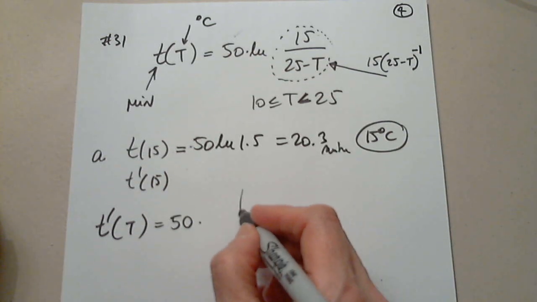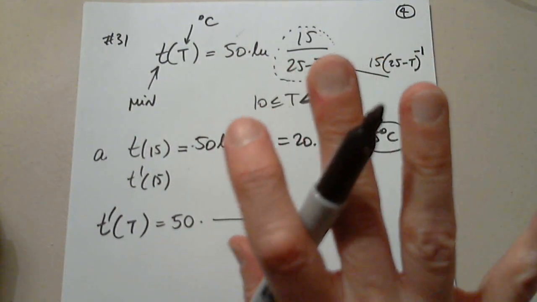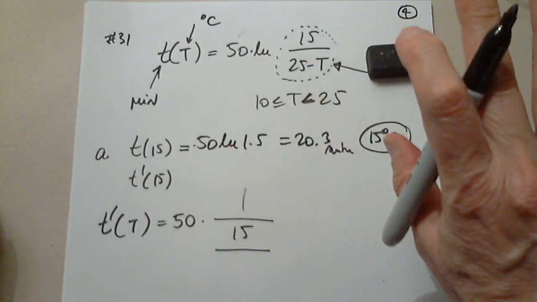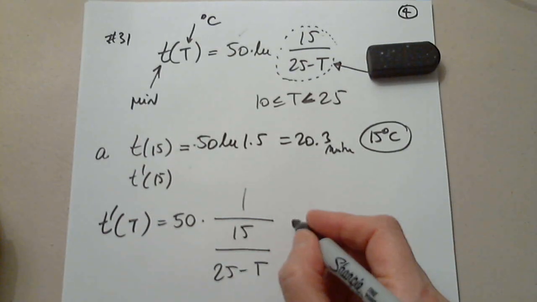Would it be 1 over the whole thing? Awesome. 15 times? Exactly, 15 over, it's coming, 25 minus t. Good.